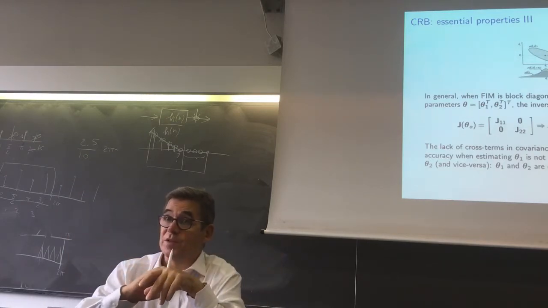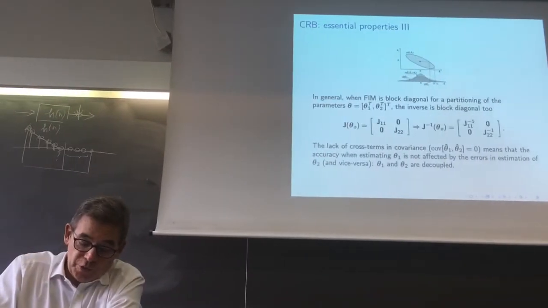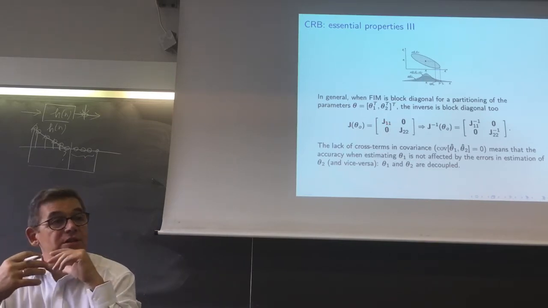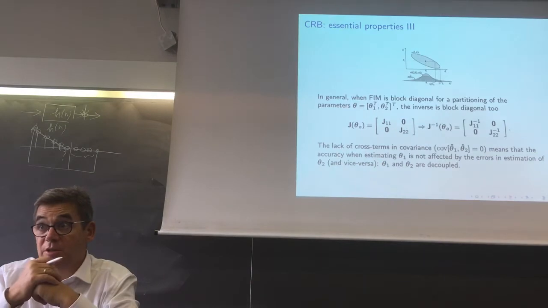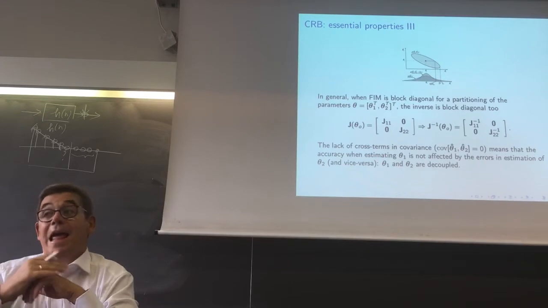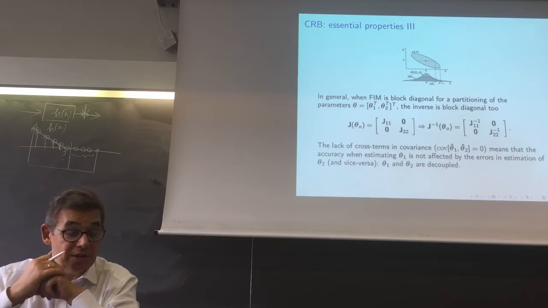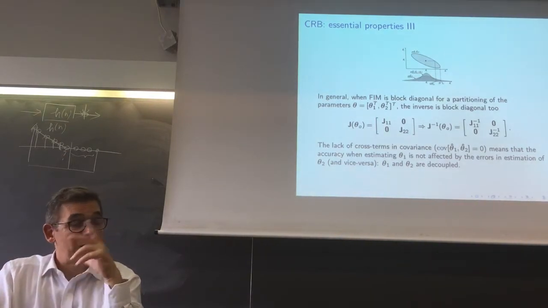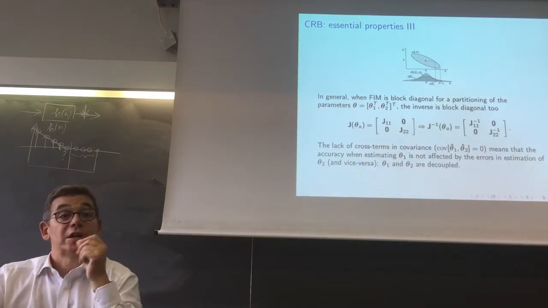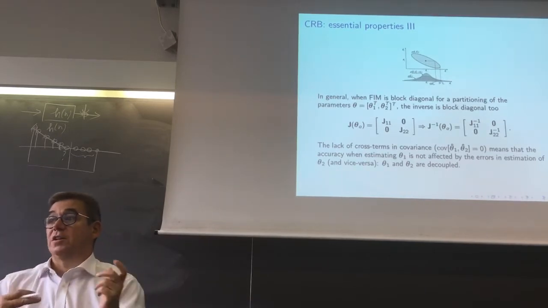So if you manage to have this structure, as we did for frequency estimation, you remember, amplitude was decoupled from frequency and phase, and frequency and phase are decoupled if I center the interval, then the parameters are decoupled, and it doesn't matter if I estimate them or not. They are not mutually interacting, and they are not degrading each other's performance.